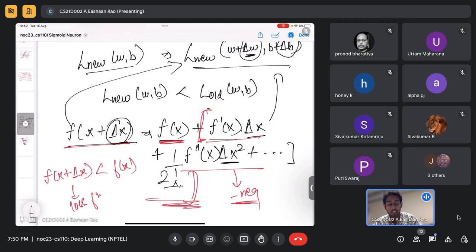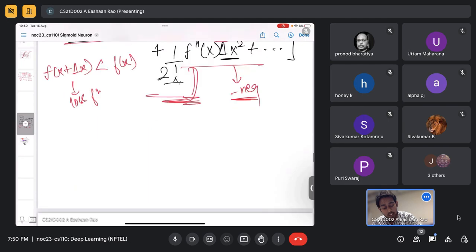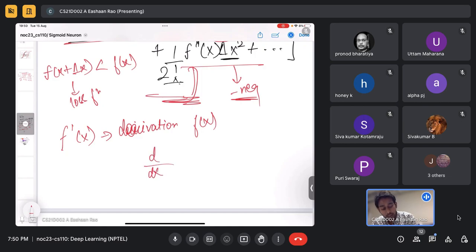And how do we achieve that? Here comes the picture of derivatives. Derivatives in this case of this f dash of x will basically be the derivative of function f(x). So if you know derivation, it will be like d by dx of f(x).